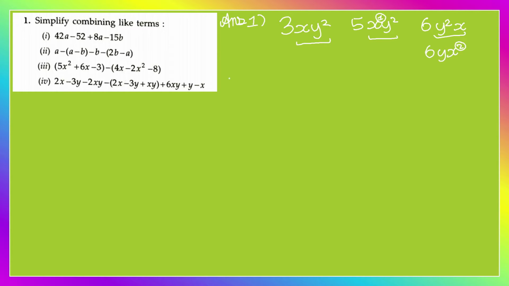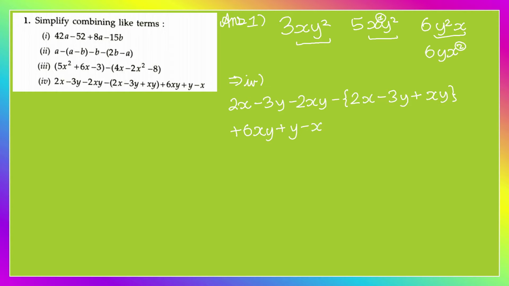So now in this video, let's solve the fourth part here, which is the most difficult part. Fourth part says 2x minus 3y minus 2xy minus, then we have a bracket, 2x minus 3y plus xy, and afterwards there is a plus 6xy plus y and minus x at the end.